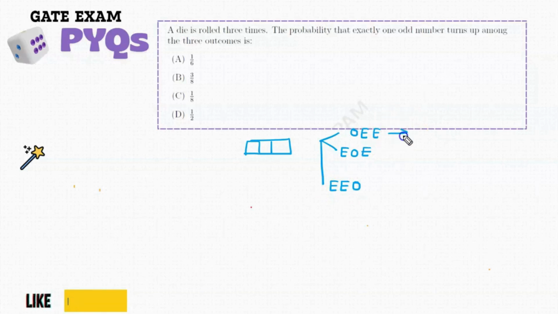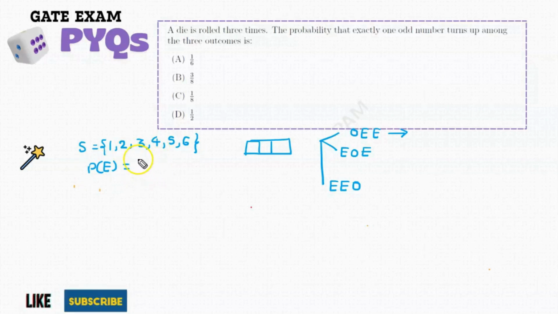So what is the probability here? If we try to find out, that is quite easy. For an even number, if we see the sample space when we roll a die, it is 1, 2, 3, 4, 5, 6. So the probability that the number is even is going to be 3 divided by 6, because we have a total of 3 even numbers, 2, 4, 6.